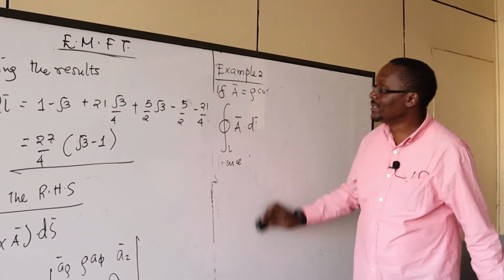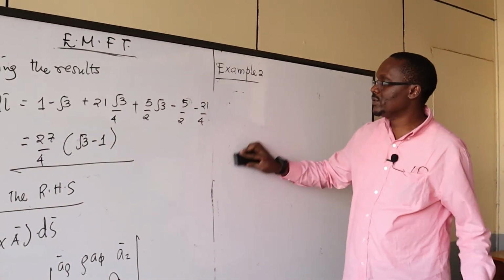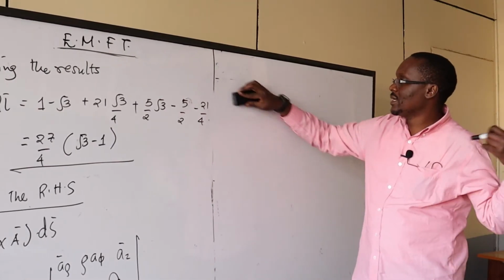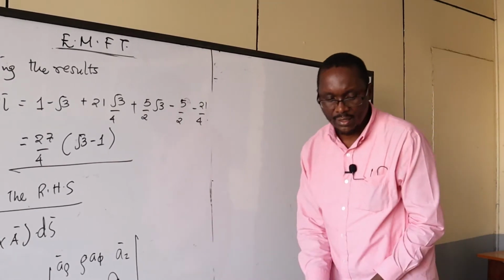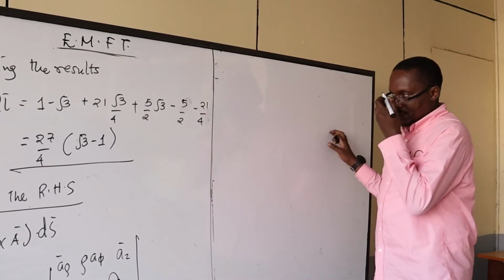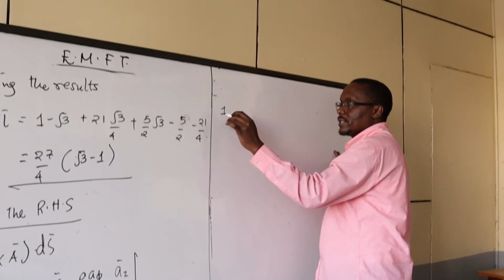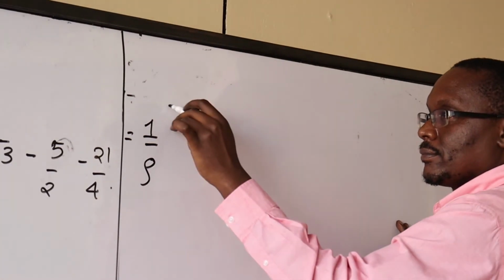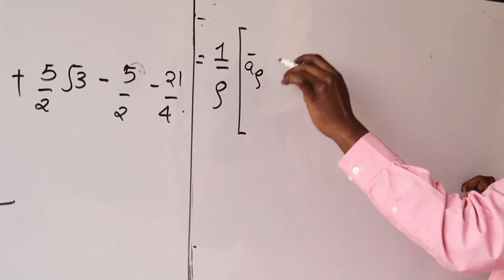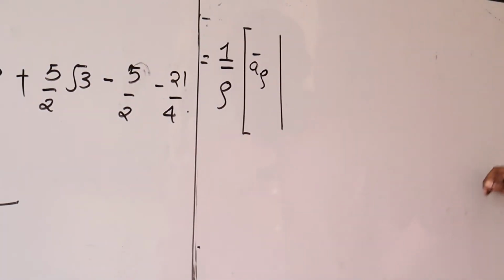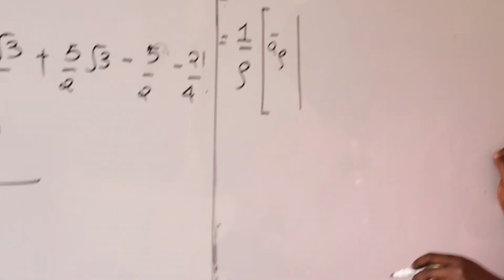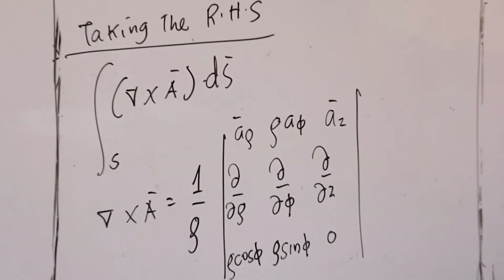So now we want to do a determinant method. Actually, this is a good example because it has included divergence, and now we're also having a curl. So it's actually constituting what we've just covered in our lecture today. We can factor out that term outside the bracket. So we have our direction in the a rho direction, then a phi direction.